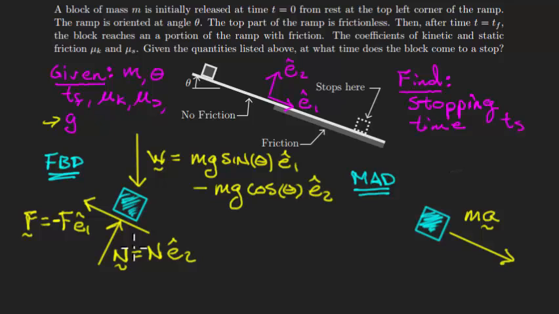So there's my weight, my friction force, my normal force, all in these E hat 1 and E hat 2 directions. Now, the acceleration is quite easy. In fact, this is the whole reason why we chose vectors that are parallel and perpendicular to the ramp, because of this acceleration term here. Because that acceleration, as I said before, is all in the direction tangent to the path, and that direction is parallel to the ramp.